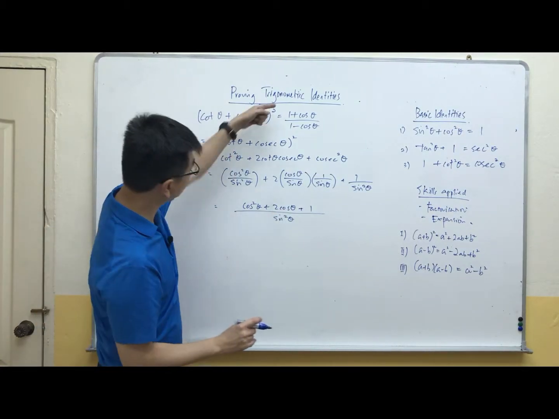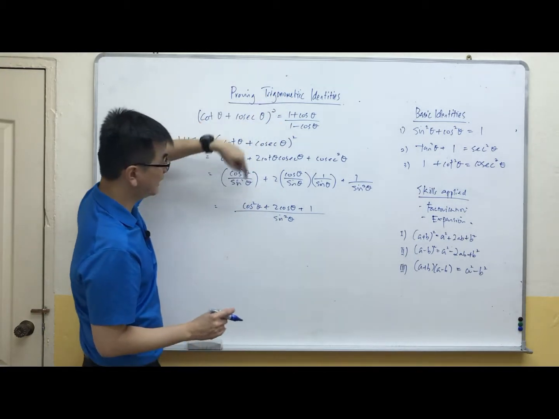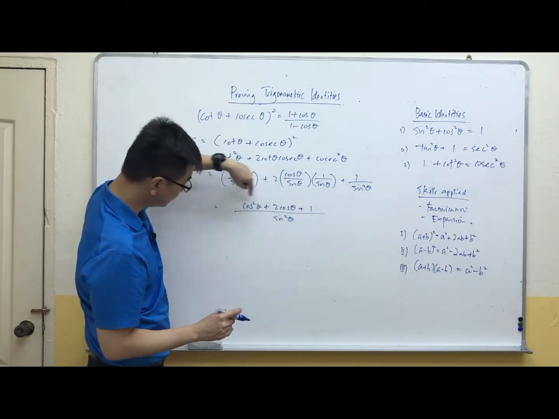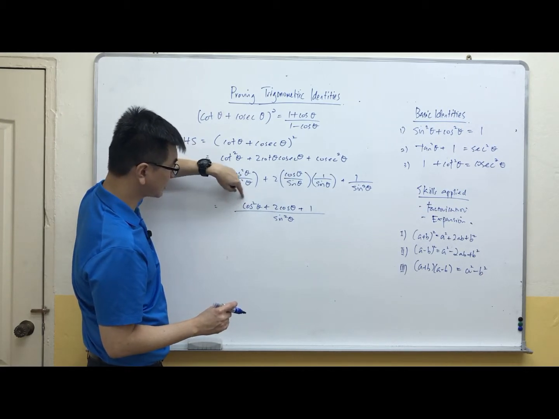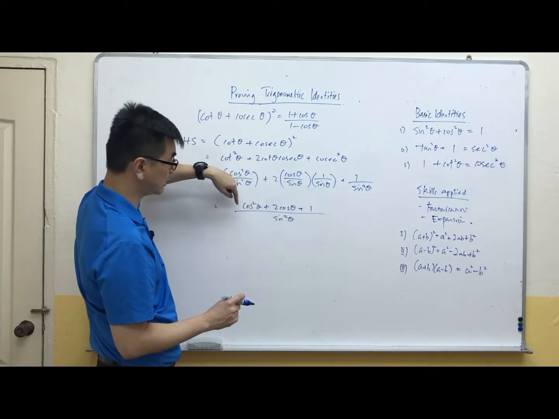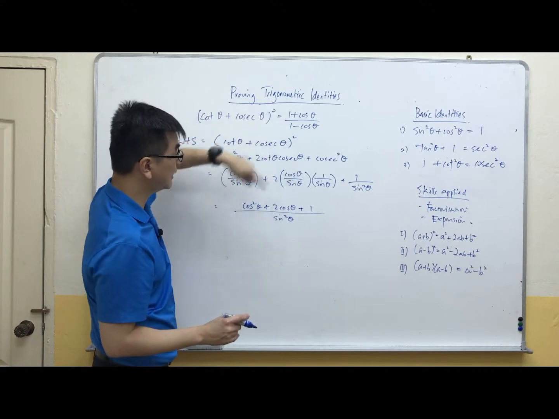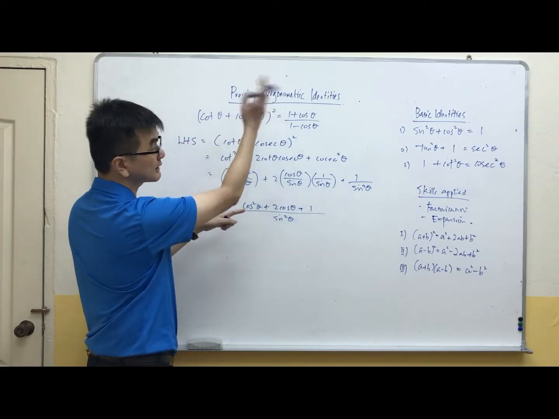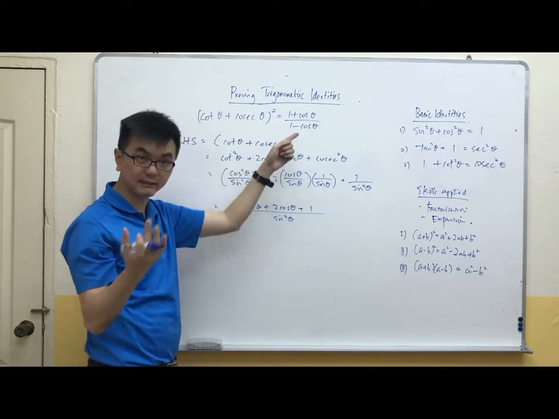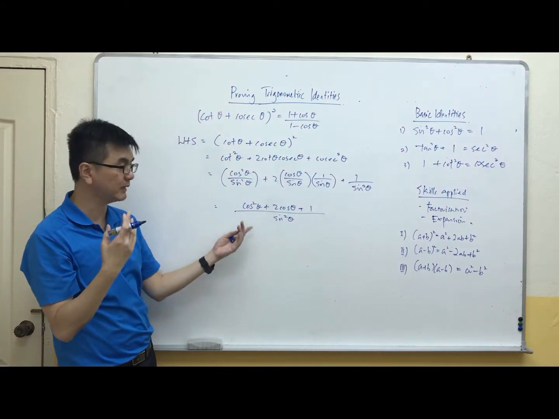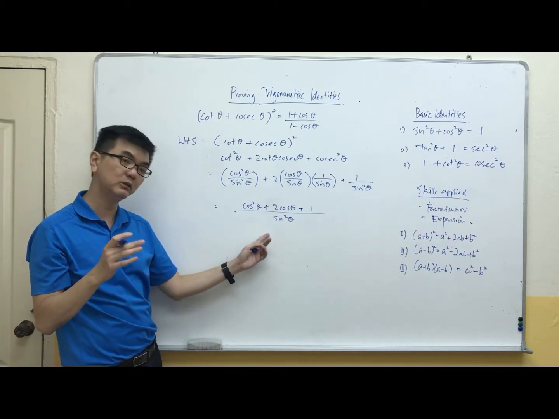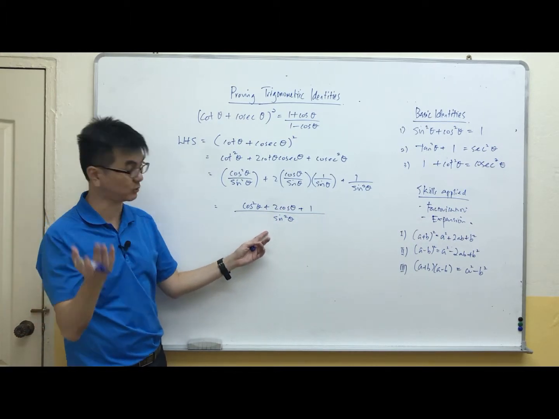Again looking at my target, cosine square theta plus 2 cosine theta plus 1 is actually a factorizable quadratic expression in terms of cosine theta, but my sine square theta does not feature in the target because my target only has cosine theta. So again, I've got to make use of an identity to transform my sine square theta into something related to cosine.